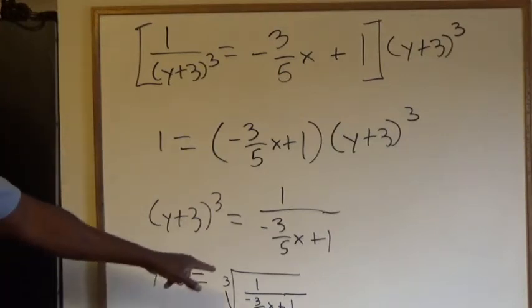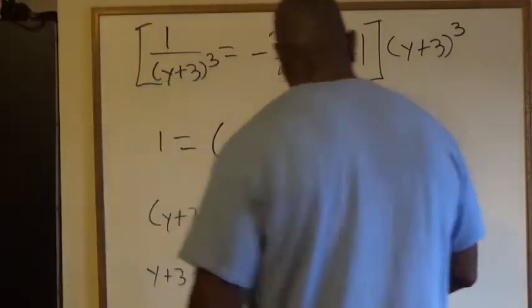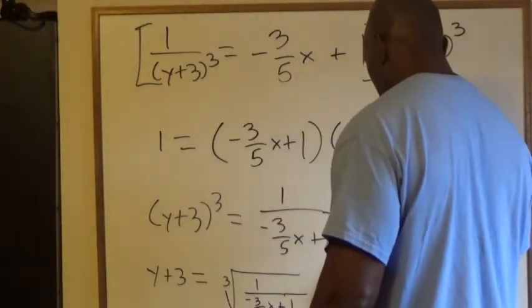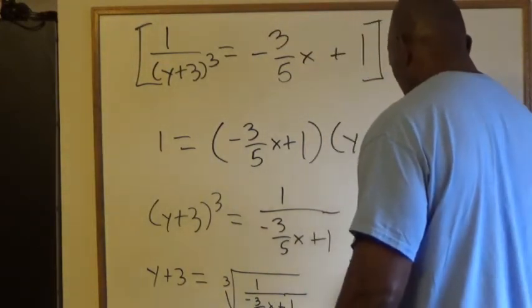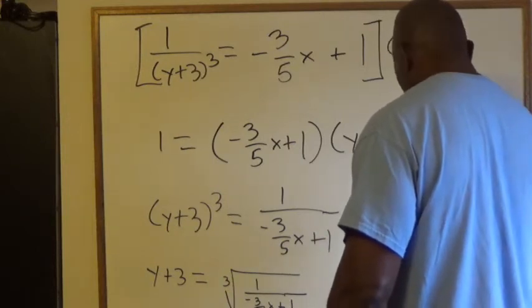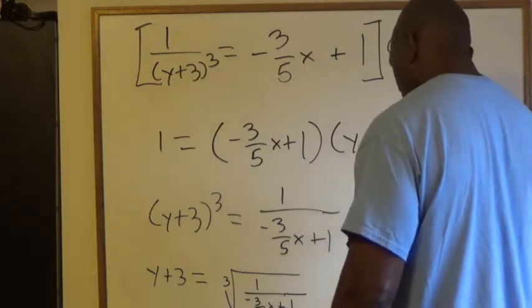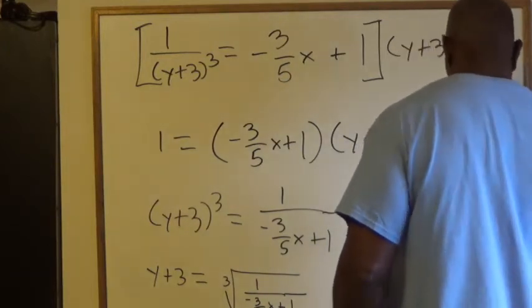And the final thing I'll do, of course, is subtract 3 from both sides. So the final answer, the particular solution of the differential equation, would be y equals the cube root of 1 over negative 3 over 5x plus 1, minus 3.